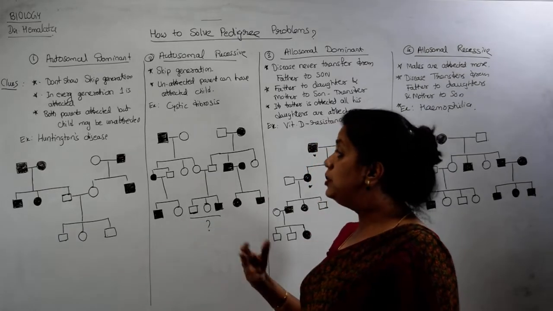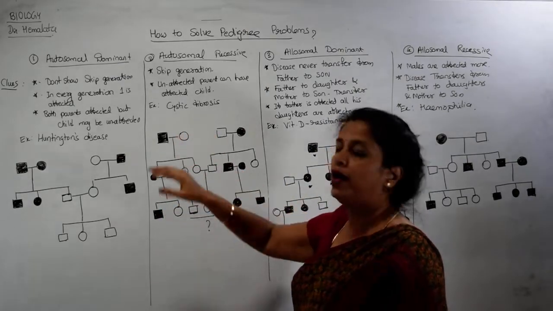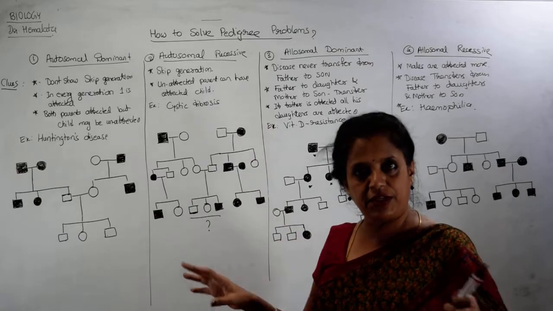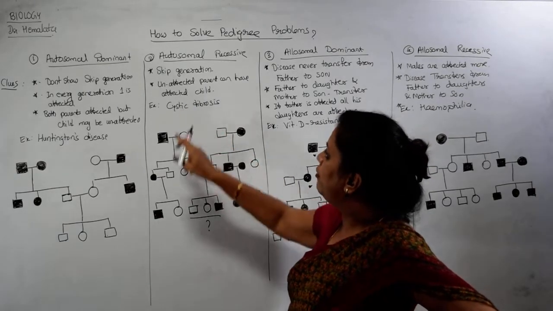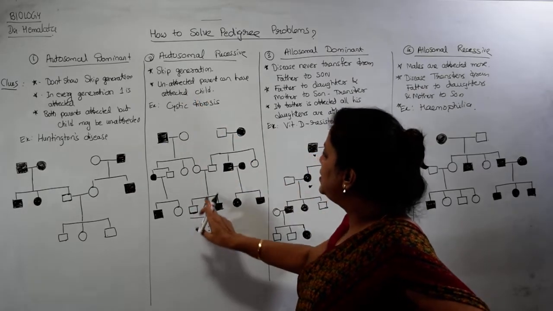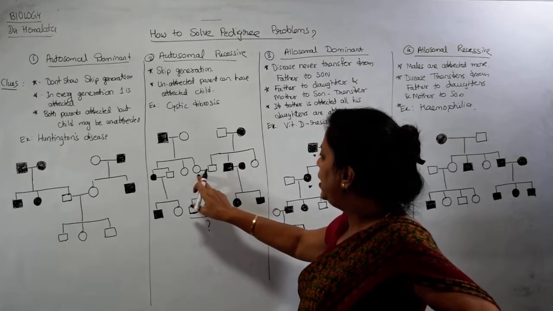I am not showing any skip generation here, because skip generation means one generation should have no effect, and the next generation it should affect, right? But here what works is unaffected parents. See, these are 2 parents. This is one family, this is another family. This is a normal female, this is a normal male.